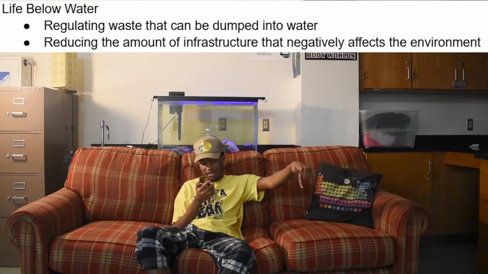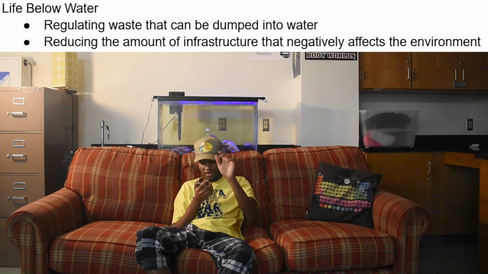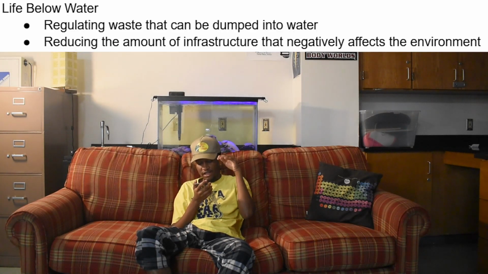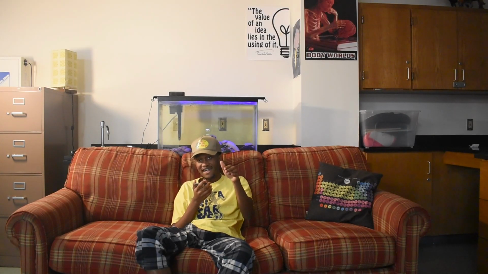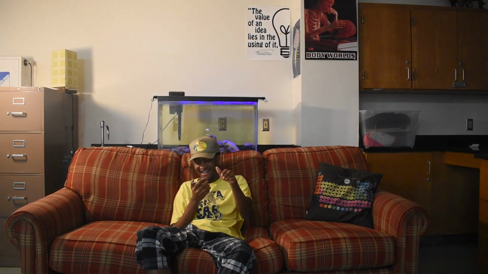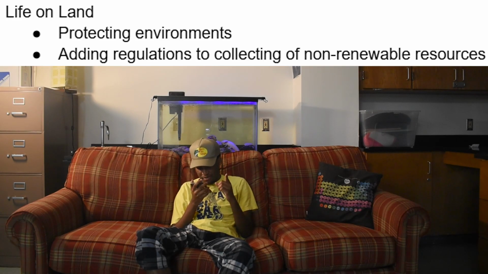He advises. Life below water. Regulating waste that can be dumped into the water, like caca, once again, poo-poo, oil, other things of that nature. Reducing the amount of infrastructure that negatively affects the environment. That's a hard word to say. Life on land. We protecting environments.